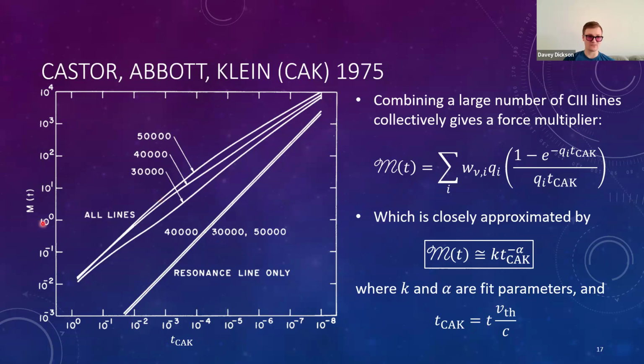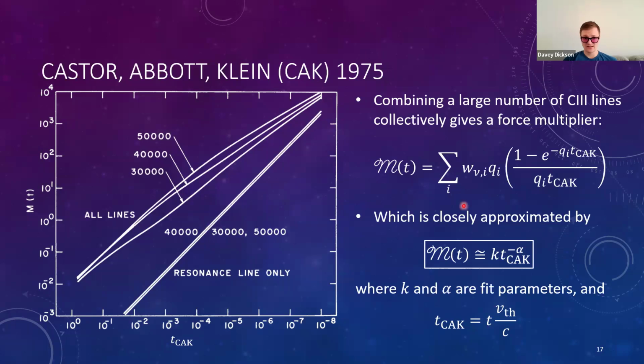So here you can see this force multiplier of 1 is here, and then it took a significant leap so that most of the bandwidth concerned, when considered in terms of all lines, was well above a force multiplier of 1, whereas that was not necessarily the case when just considering resonance lines.